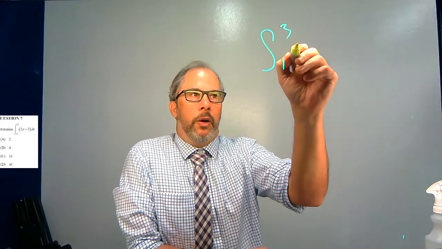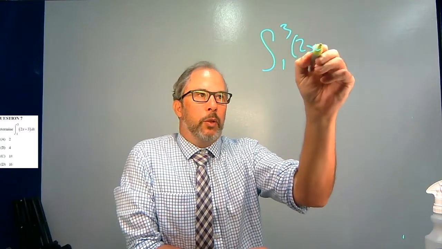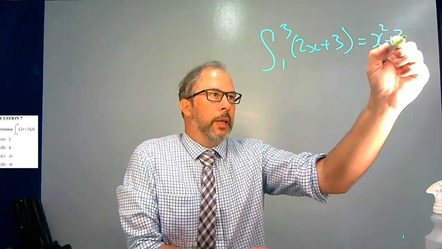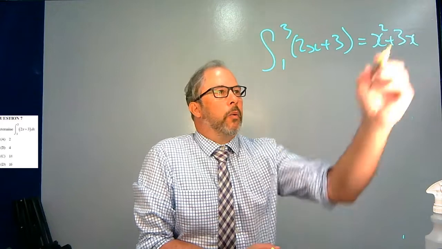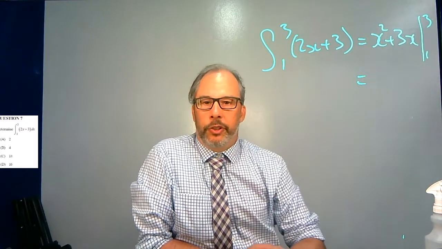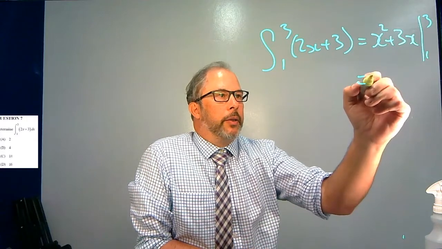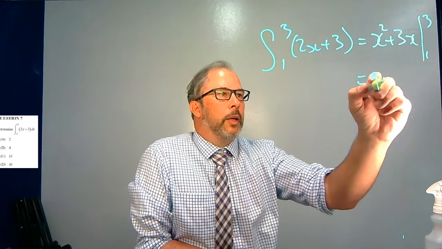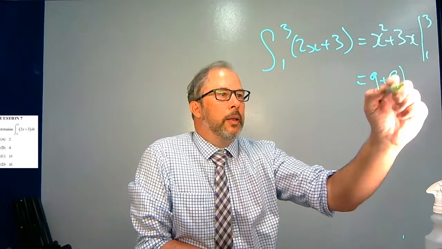Alrighty, now question number 7. We have got a question where we're looking at the definite integral between 1 and 3 of 2x plus 3. Now that's equal to x squared plus 3x. If I integrate that correctly between 1 and 3, I'm then going to do my substitution, making sure that I know that 3 squared is equal to 9 plus 3 times 3, which is 9.